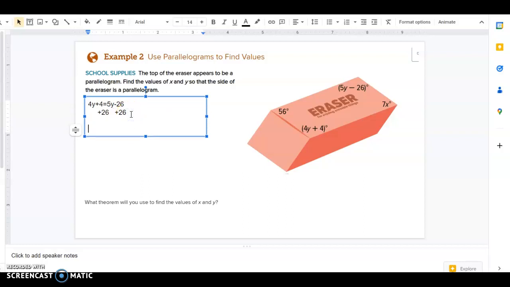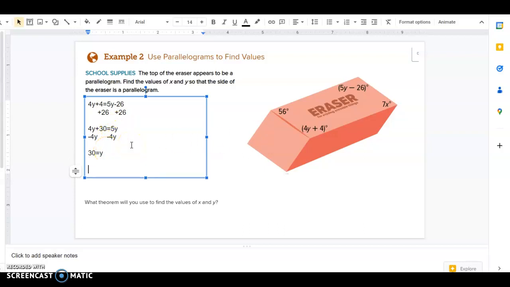So now I have 4y plus 4 plus 26, which is 30, equals 5y. Then I'm going to subtract the 4y from both sides. And now I get 30 equals y, because 5 minus 4 is 1.